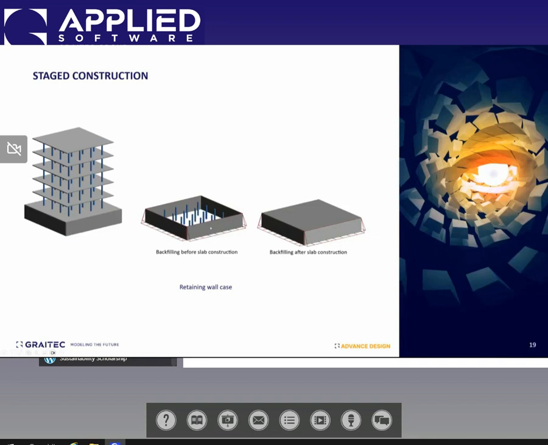So probably in this case also we can use stage construction. In the first stage of construction, I can have my walls, I can apply my lateral pressure from the soil, and then in the next stage I can add my floors, to exactly capture the real forces that happen while we are defining this extra slab.